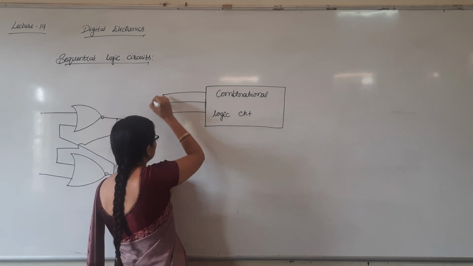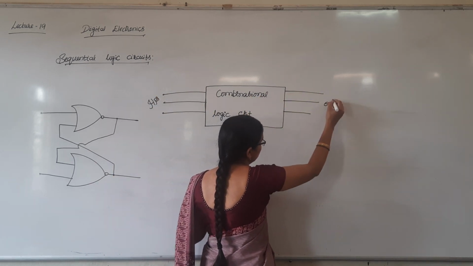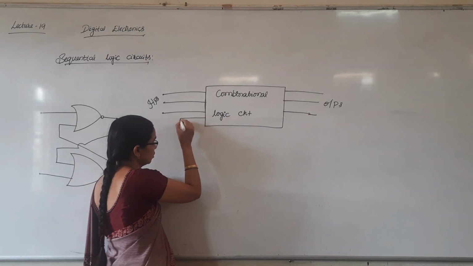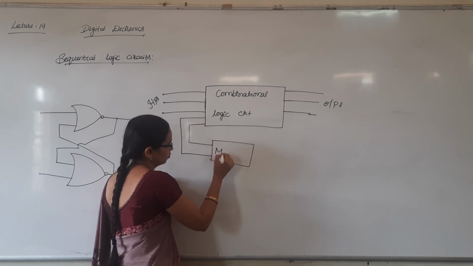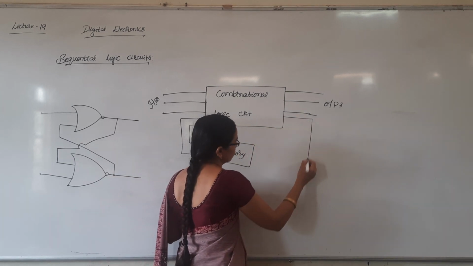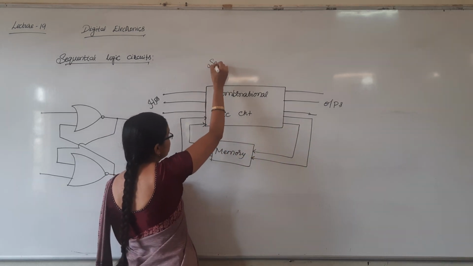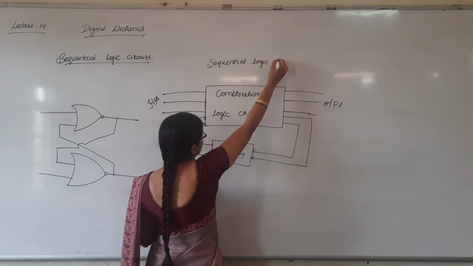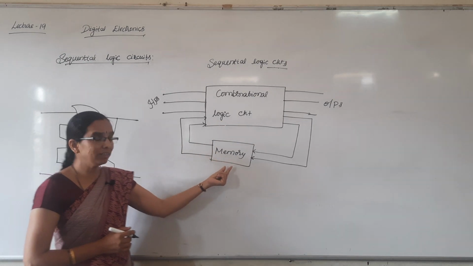In combinational logic circuits, the output depends on the present input conditions, whereas sequential logic circuits are made up of combinational logic circuits along with the memory element.